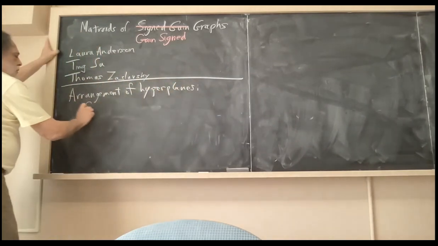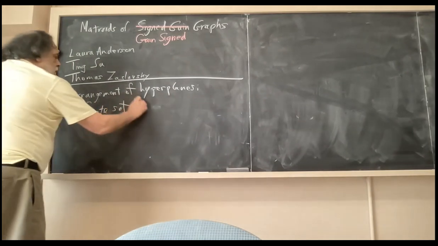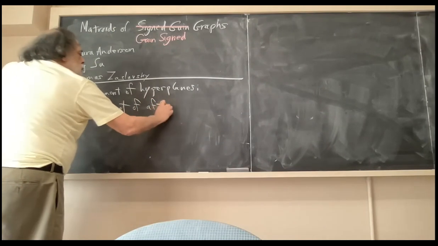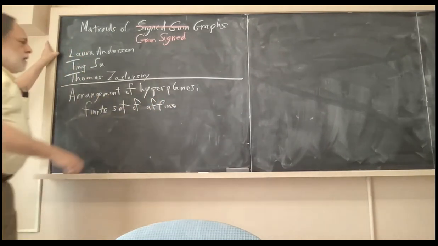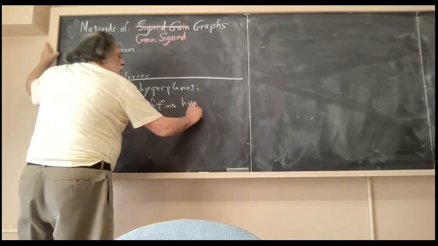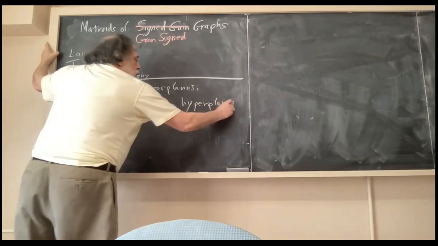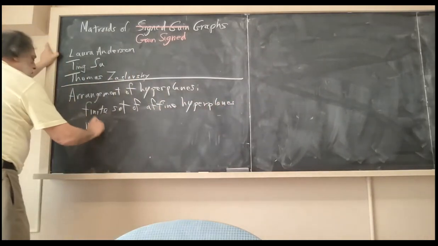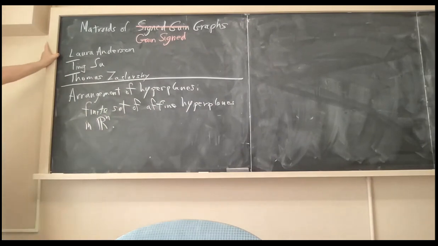It's a finite set of hyperplanes. And I'm going to say affine hyperplanes because they don't have to be vector hyperplanes. Of affine hyperplanes, that's codimension 1 in R to the n. We could use a different field, but this one gives all the necessary information.